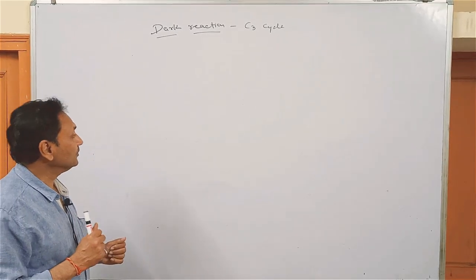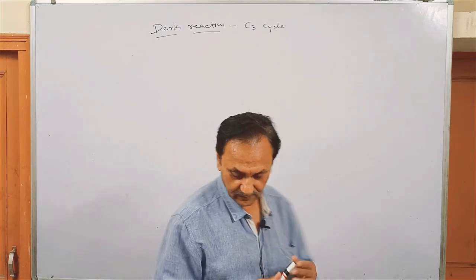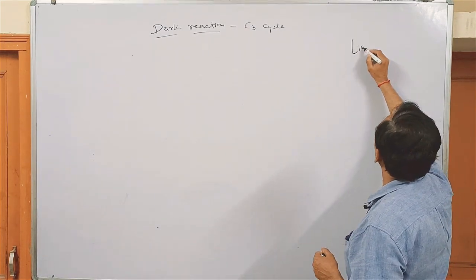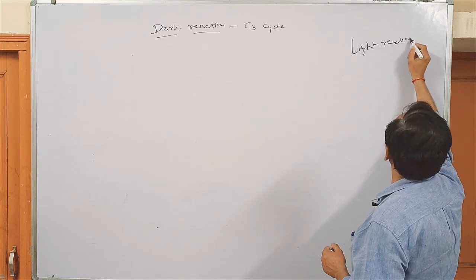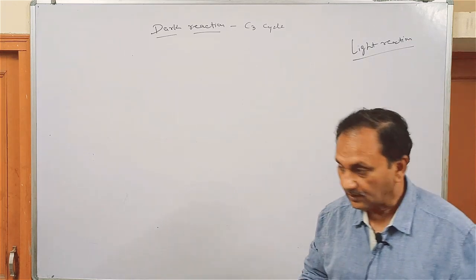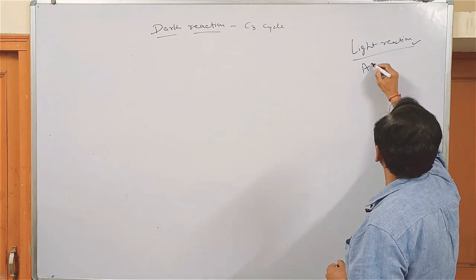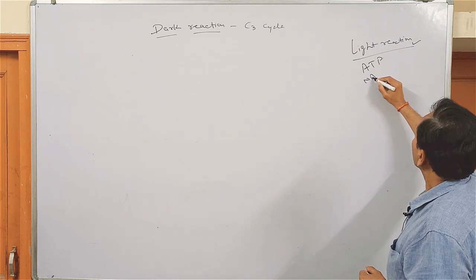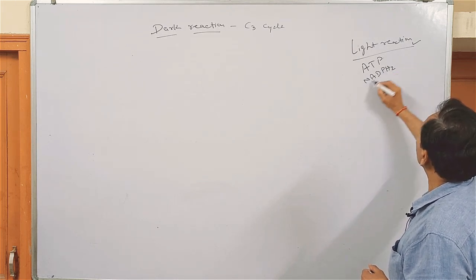In continuation of the light reaction, we have studied in the previous lecture that the light reaction produces assimilatory power, that is in the form of ATP and NADPH2.